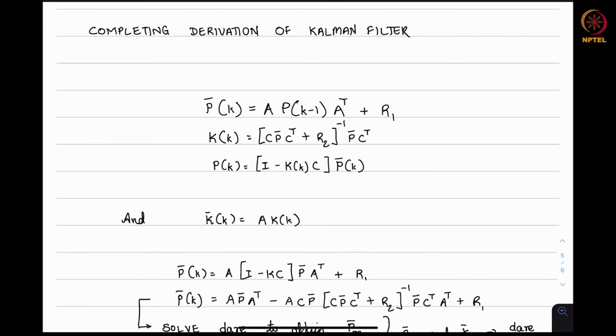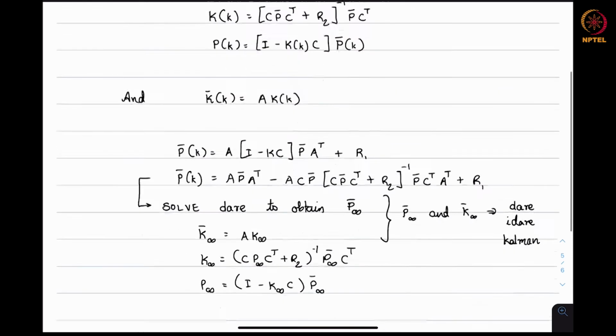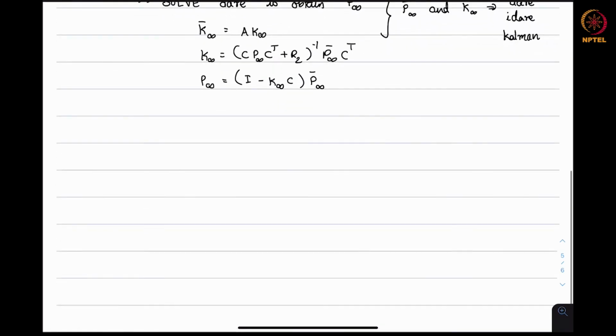Okay, so hopefully you have now got a hang of the overall derivation, and what we are gonna do is just look at the other parts, which is our x hat k given k minus 1 equal to A x hat k minus 1 given k minus 1 plus B u k minus 1.